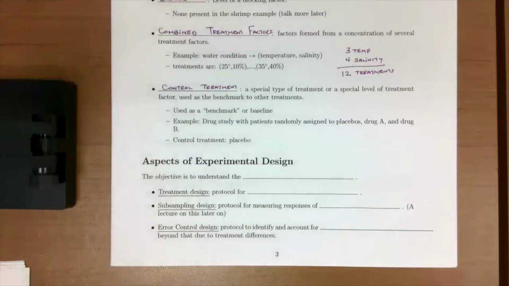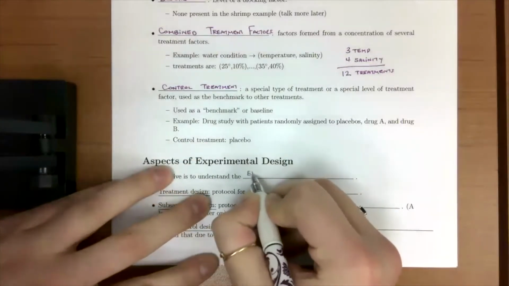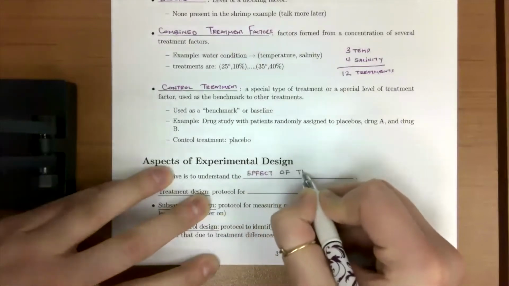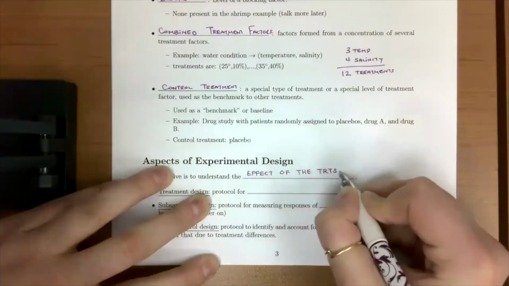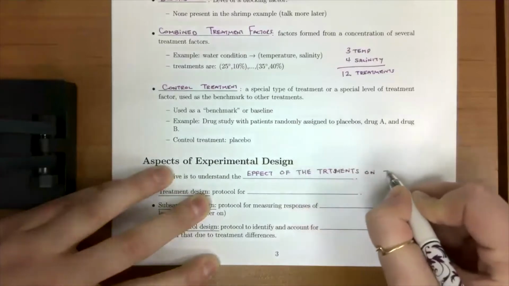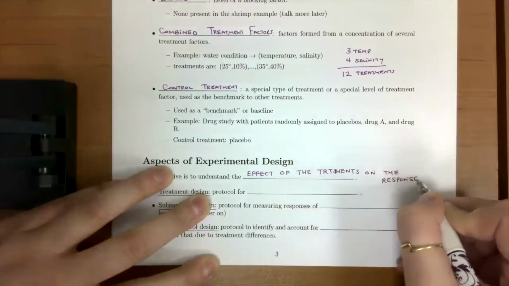We talked about observational studies and how we can only make association statements. And then we said designed experiments allow us to make causal statements. But what is the objective of designed experiments is to understand the effect of the treatments on the response.